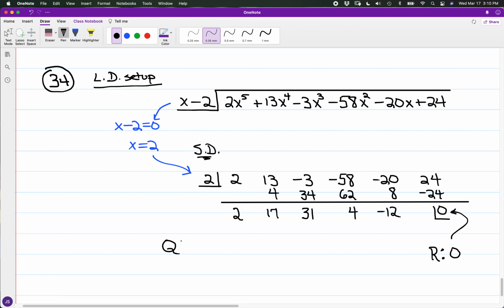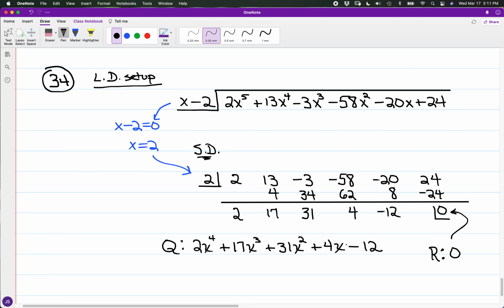And as for what we have in the quotient, we're transitioning from 2x to the 5th down to 2x to the 4th. And for the numbers that follow, we have plus 17x to the 3rd, then plus 31x to the 2nd, and then plus 4x, and then minus 12.